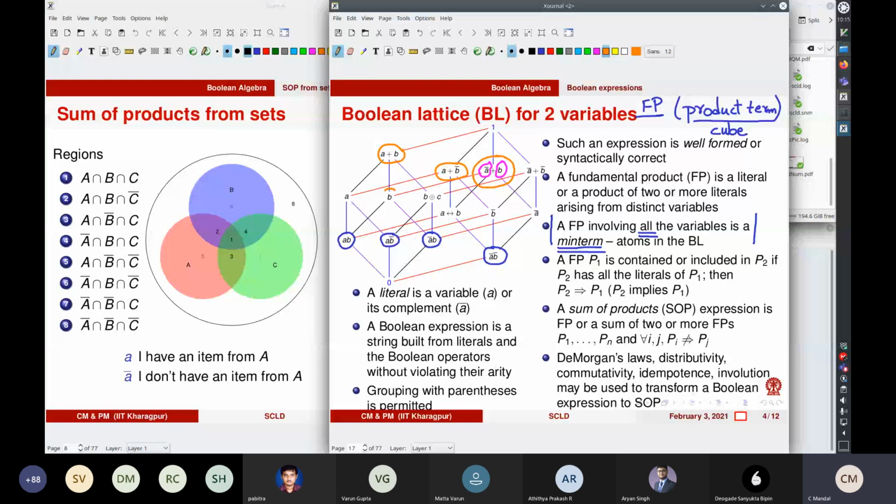And if you recall, when he talked about the representation, each node has an irreducible, irredundant sum representation of the atoms of the lattice. You have an irredundant, irreducible sum representation.